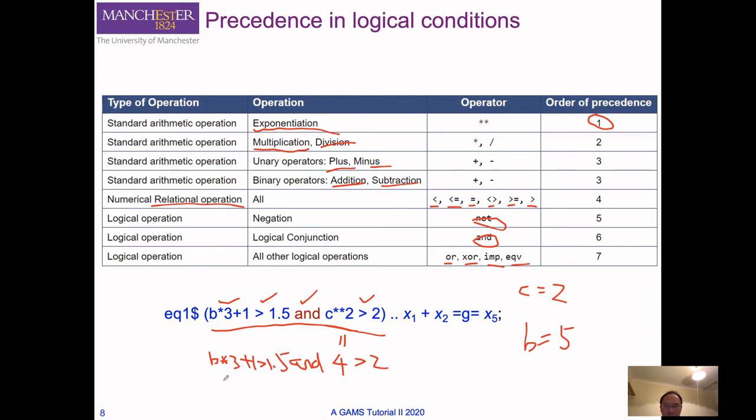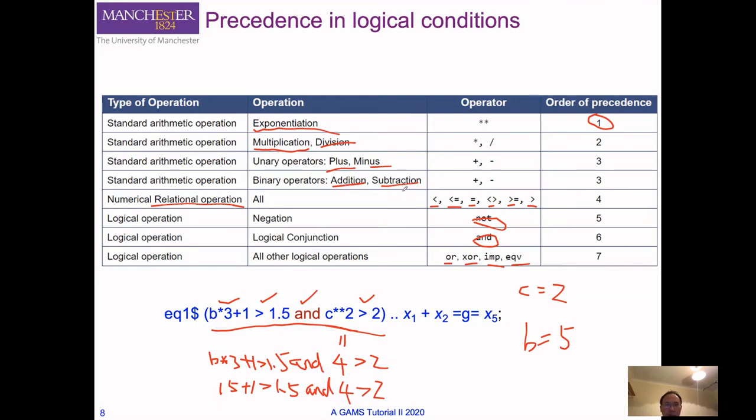B times 3 is equal to 15, plus 1 is greater than 1.5, and 4 greater than 2. Next, we calculate plus and minus. There is no minus and plus operation, so we don't need to calculate the plus and also minus operation.